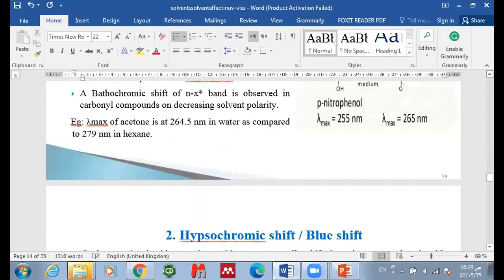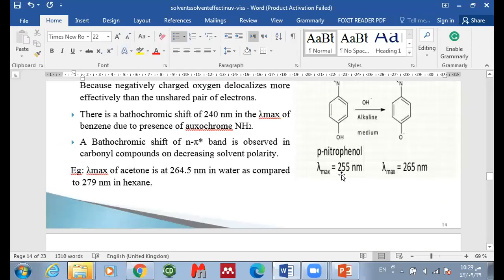See the shift here from 255 to 265 to higher wavelength.